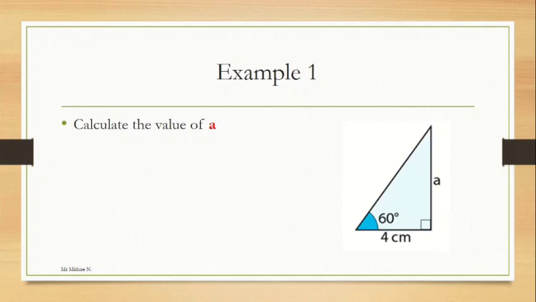So in this particular example, you are given a right-angled triangle. We are confident that this is a right-angled triangle because we can see the right angle there at the bottom. Now, we are interested in finding the value of A. So to find the value of A, we have to first determine if A is an angle or a side.